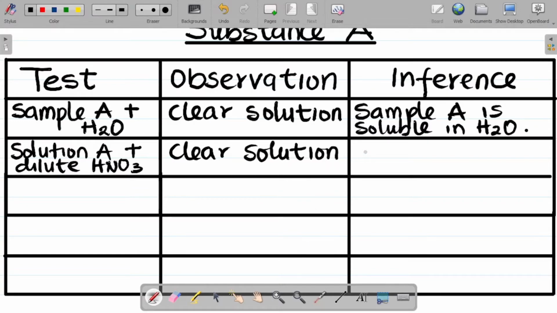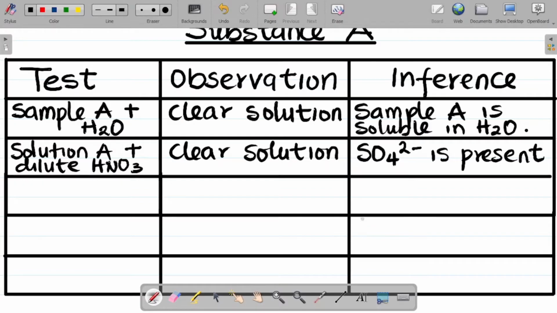I can infer that there is no reaction, and that would mean that probably tetraoxosulfate 6 ion is present. That's my inference, because there's a clear solution.